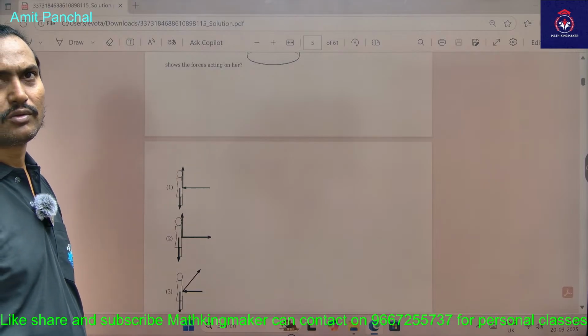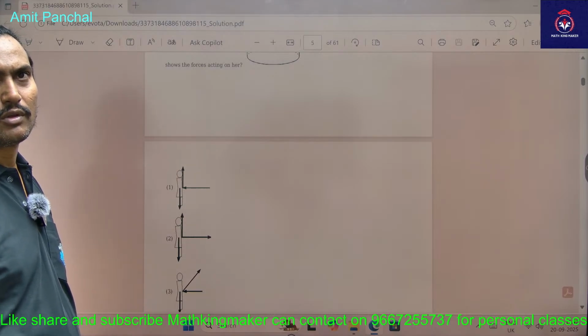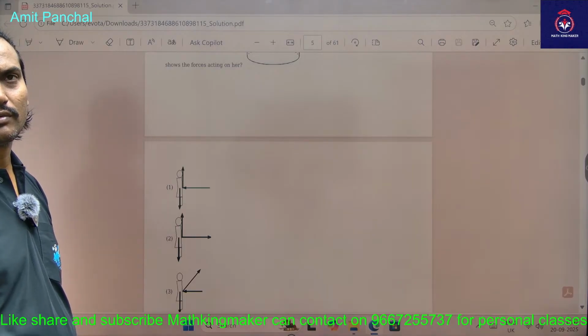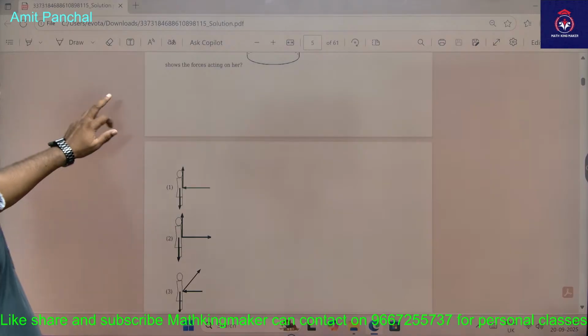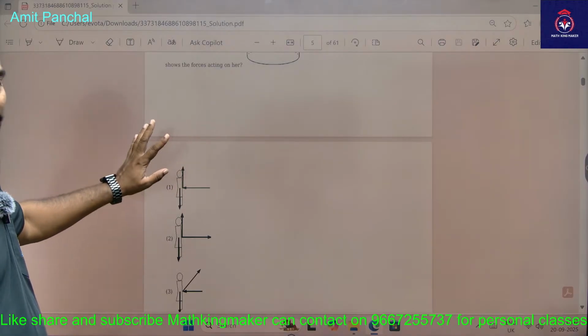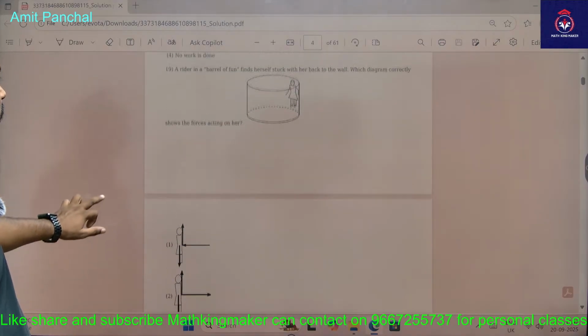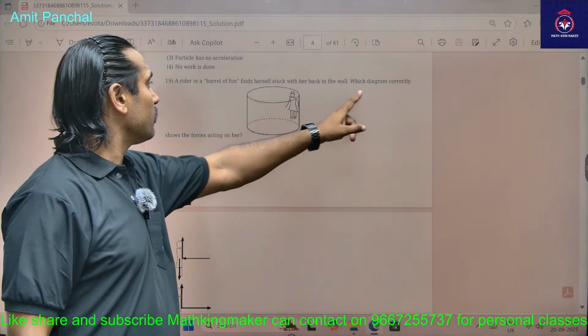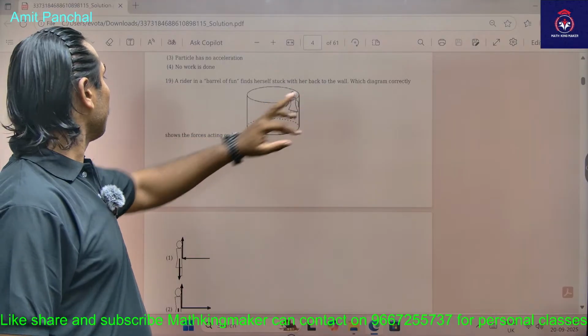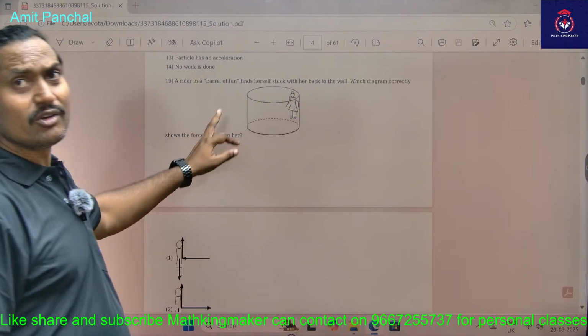Here we are not here to draw the full diagram, but he is asking specifically which diagram correctly shows the force acting on her.